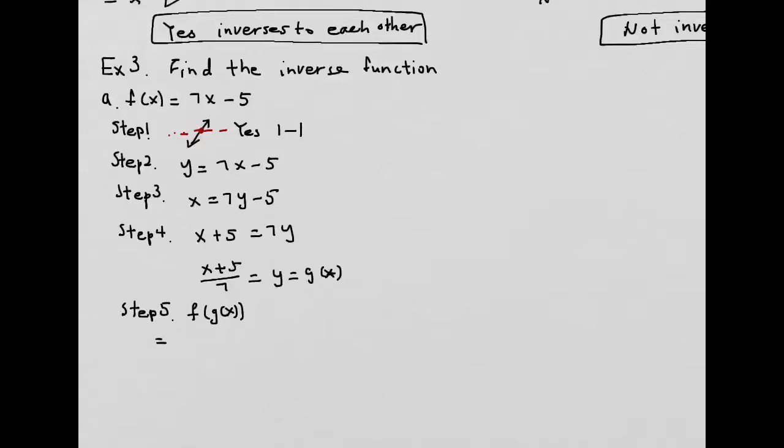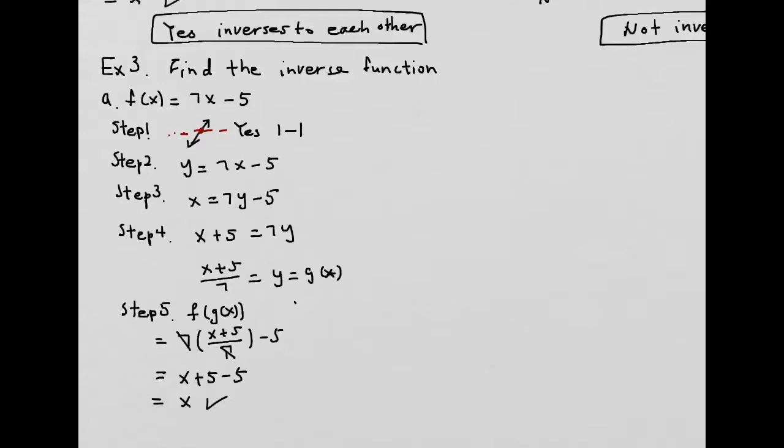In f of x, all the x I will replace by g of x, and see if I get only x by itself. 7 cancels out, so you get x plus 5 minus 5, which is going to be x. So g of x is the inverse of f of x.